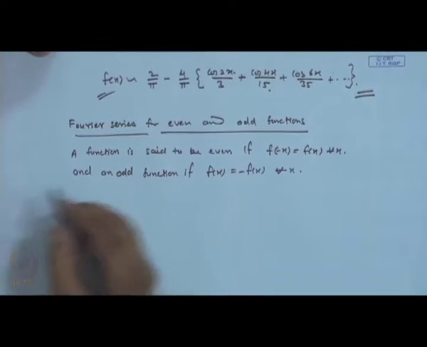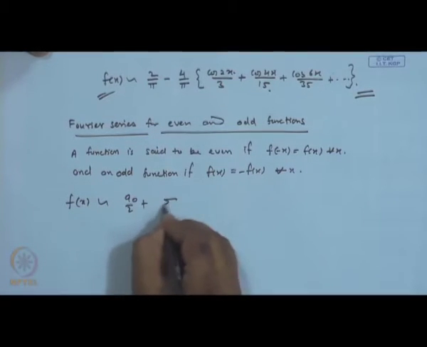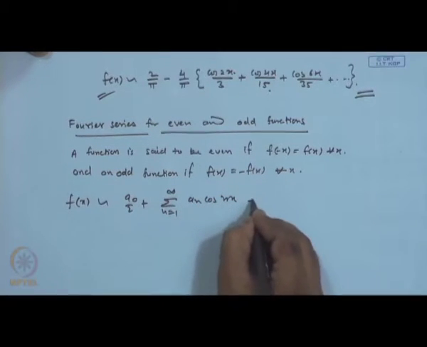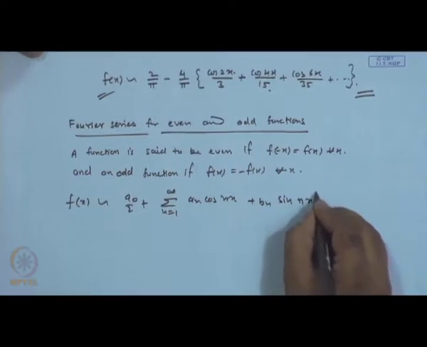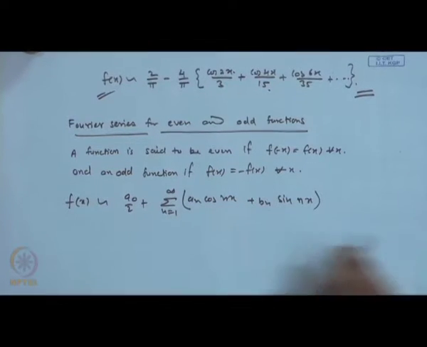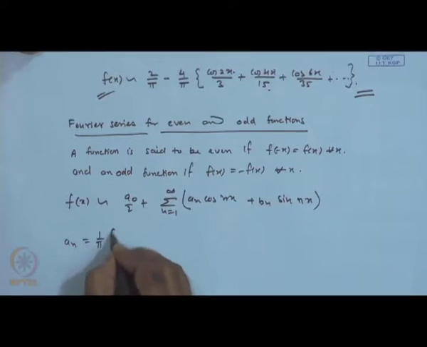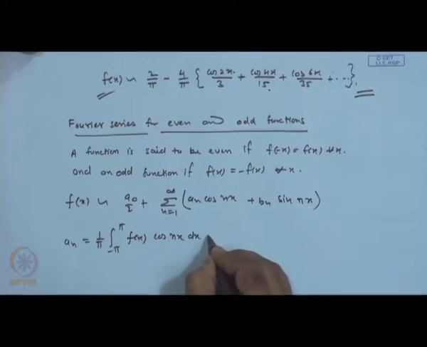So, in this case what will happen, just let us consider this Fourier series a naught by 2 plus sum n equals 1 to infinity of a n cos n x plus b n sin n x, with the standard period 2 pi, and then we have this a n equal to 1 over pi, integral from minus pi to pi, f x cos n x dx.